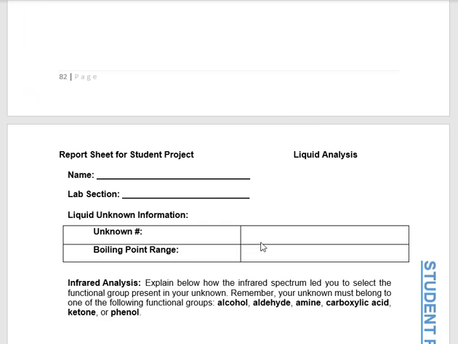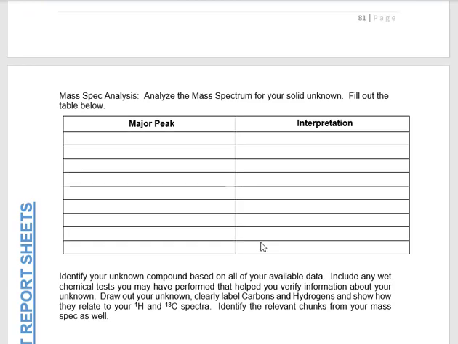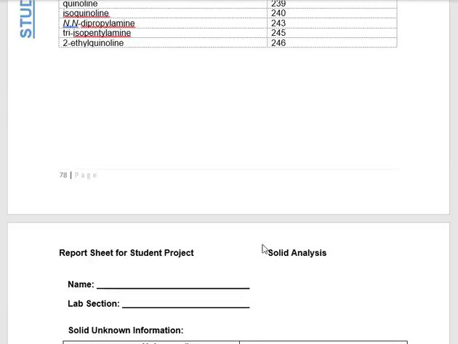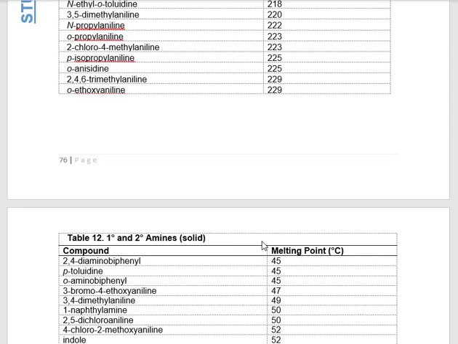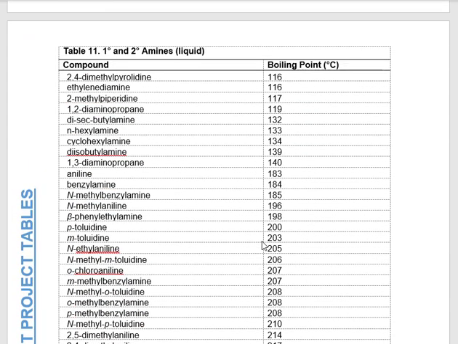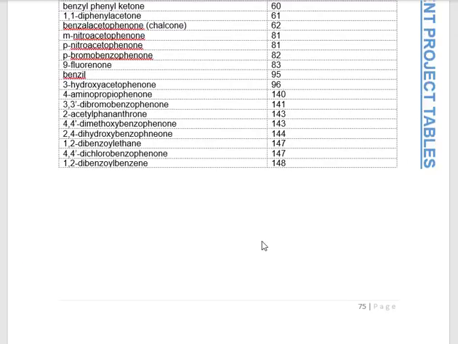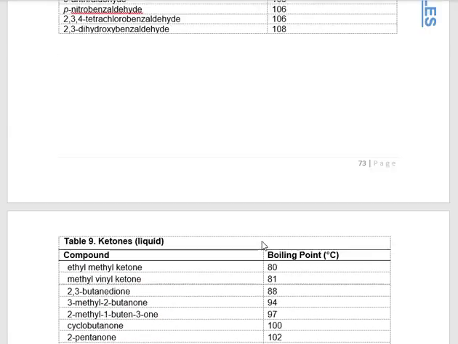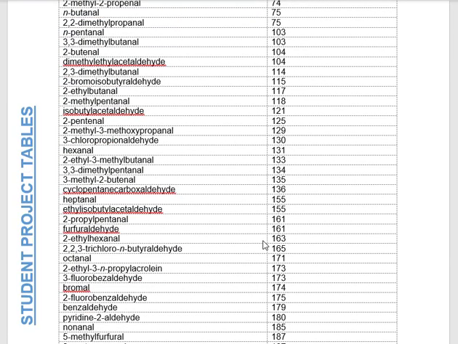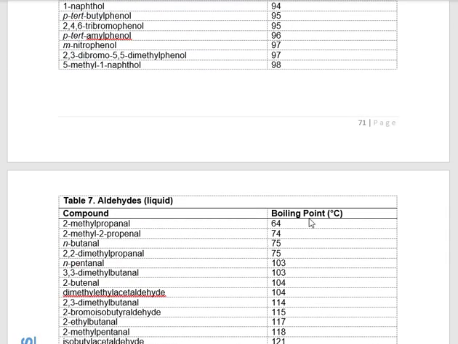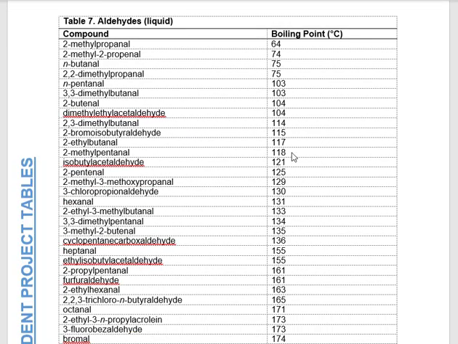Things to remember here as I scroll: you have pages upon pages of tables that contain the possibility of any of these unknowns. You're looking at somewhere close to 1,000 different compounds. So you'll need to know the boiling point, and that'll help narrow it down for you.